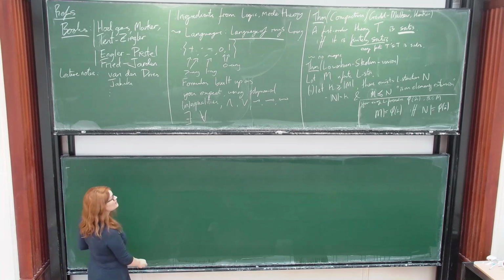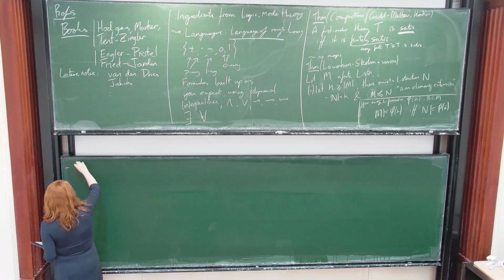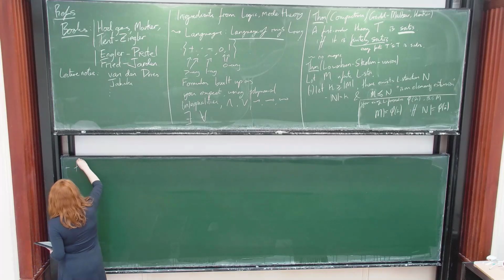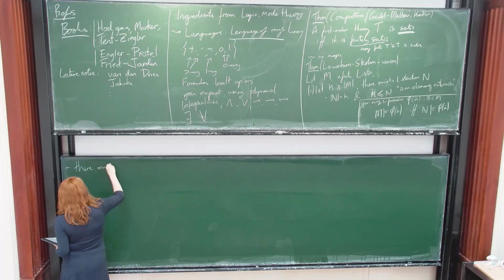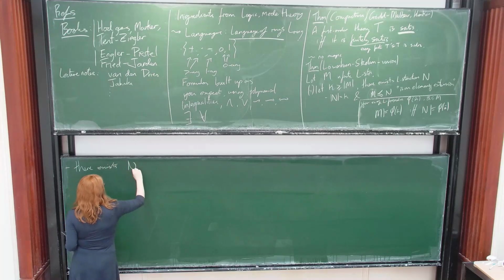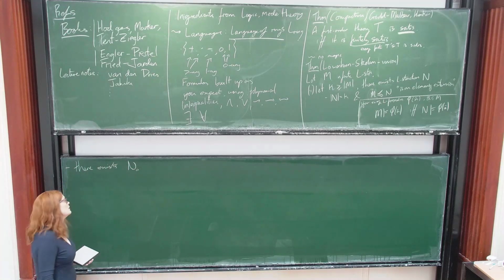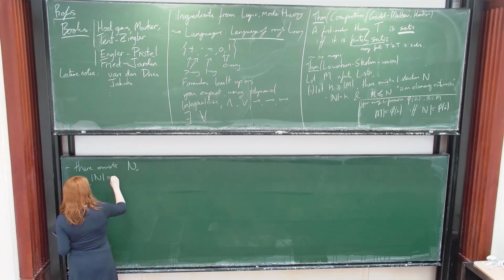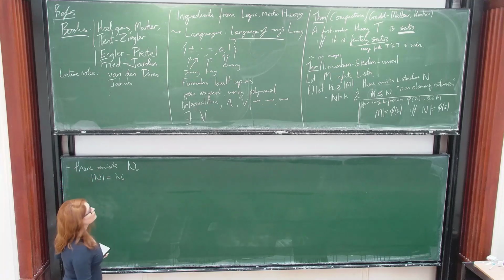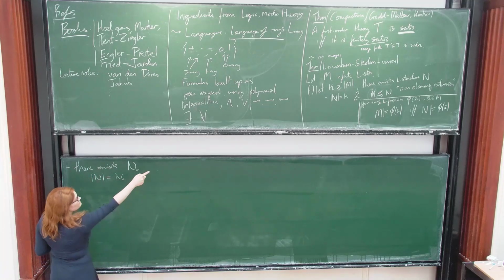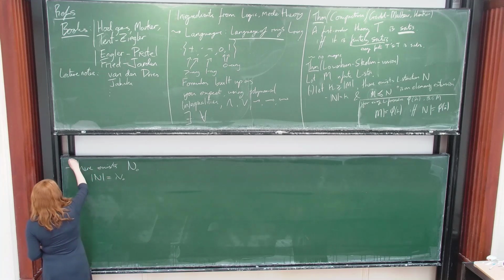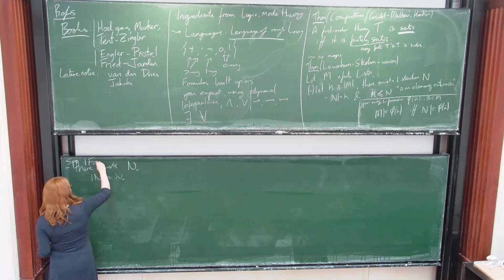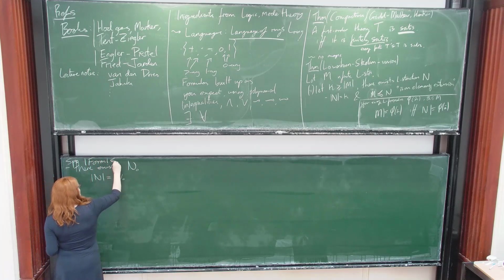So the downward part says, remember I took M to be an infinite L-structure. Sorry, that's my mistake. Suppose now that the set of formulas in the language is countable.